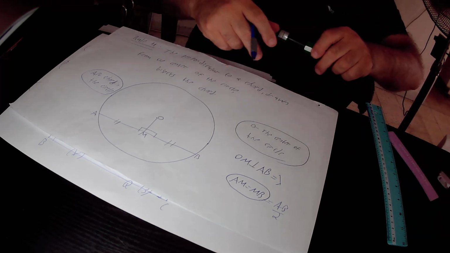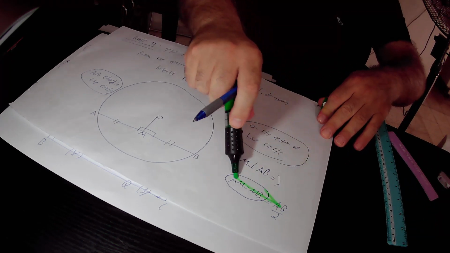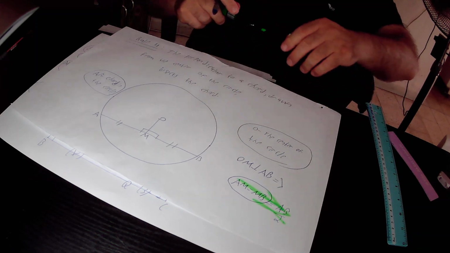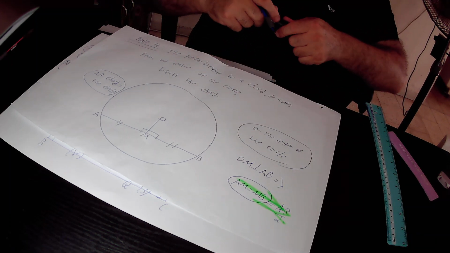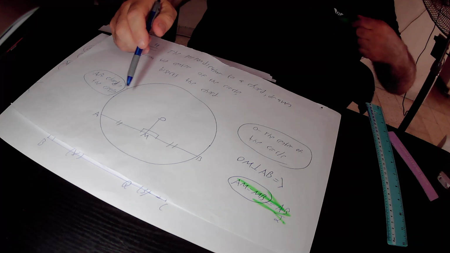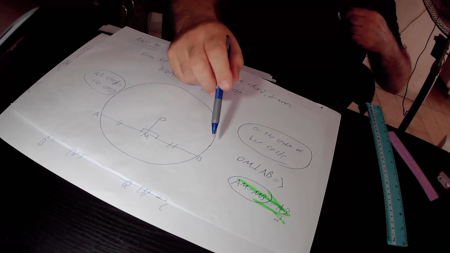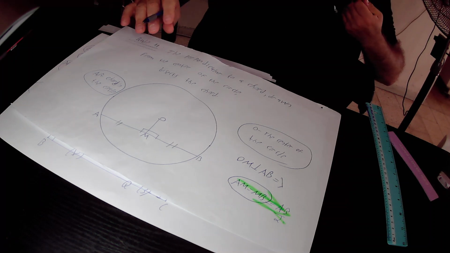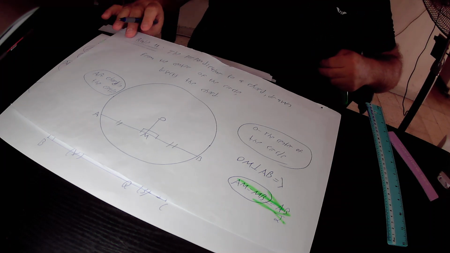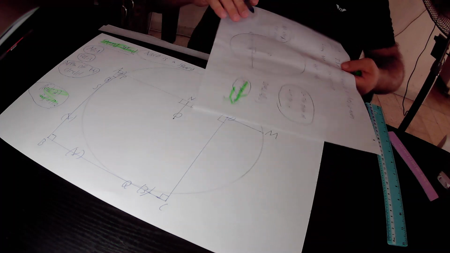So whenever you draw a perpendicular from the center of the circle towards any chord, the perpendicular will bisect the chord. In this case, perpendicular OM bisects chord AB. This is to say AM equals MB equals AB over 2. So we can definitely implement rule 11 in our drawing. Why?